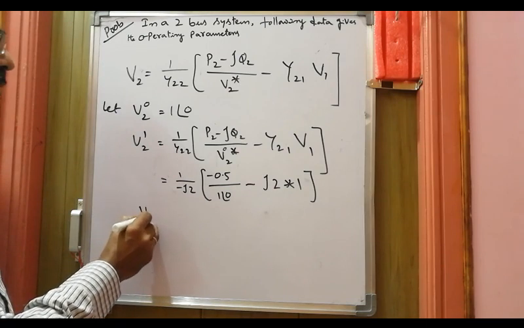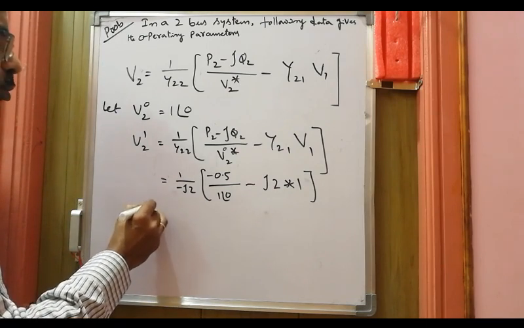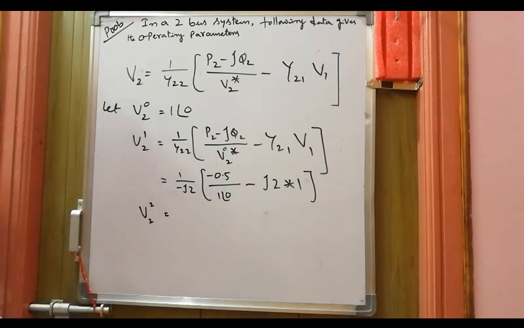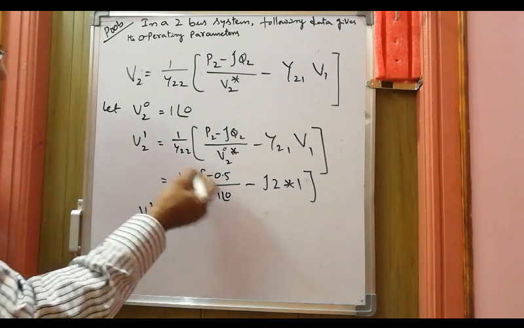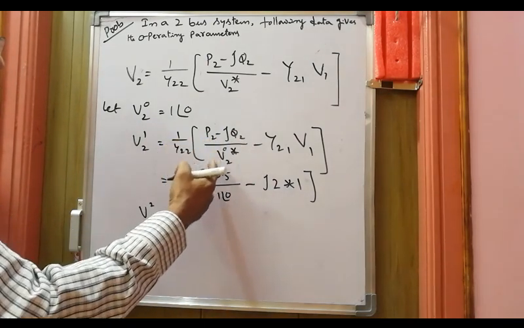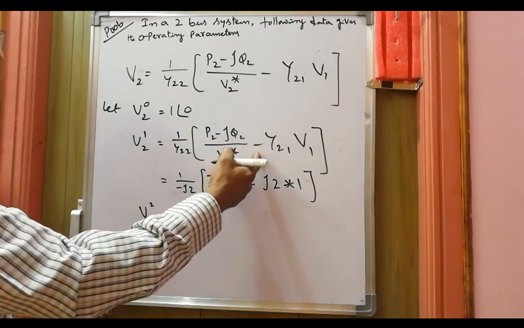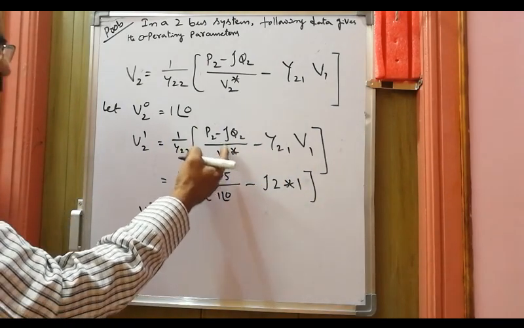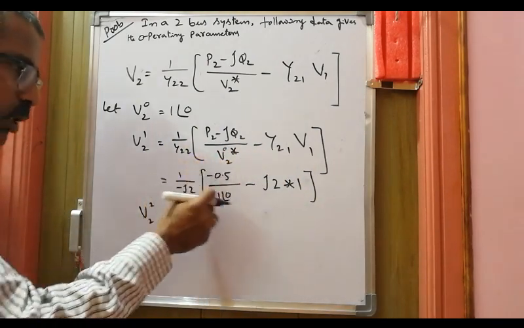Now suppose you want V22. V22 is once again 1 by Y22 times (P2 minus JQ2 by V2 conjugate minus Y21 V1). So that V2 conjugate is to be substituted.